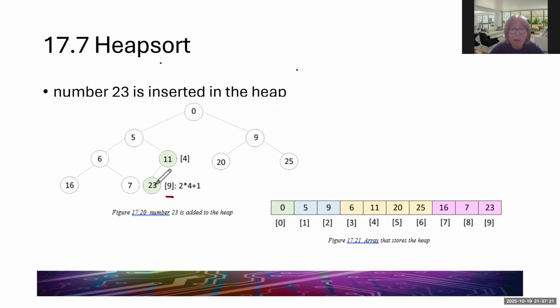Now after this, we can see the tree is still a min heap, so we don't need to do anything. And this is the array for the min heap. So we can see for the heap, if we use an array to keep track of the tree, it's quite convenient.